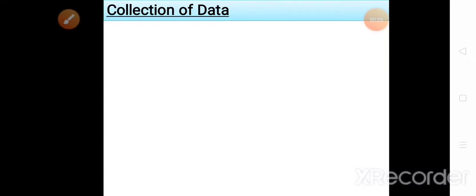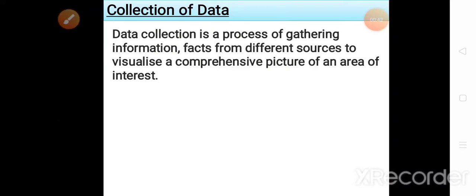So the place or the object or the individual from where we are able to collect the information or data can be termed as the source of data. Therefore, collection of data is a process of gathering information, facts from different sources to visualize a comprehensive picture of an area of interest.